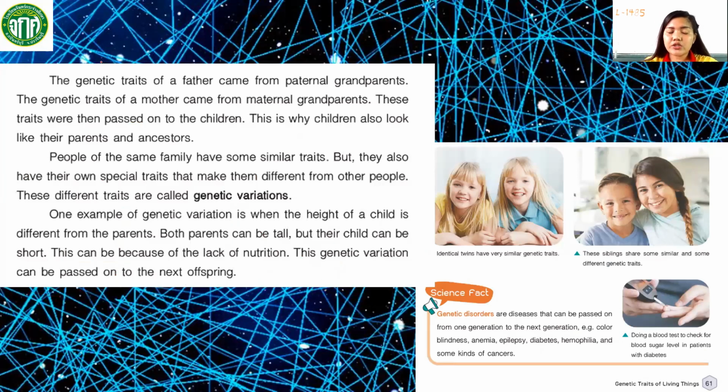The genetic traits of a father came from paternal grandparents. So the genetic traits from your father will be coming from your paternal grandparents. The genetic traits of a mother came from maternal grandparents. These traits were then passed on to children.